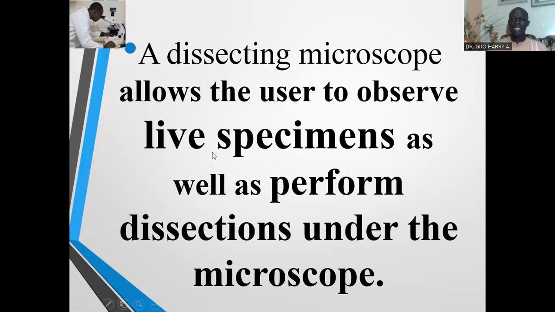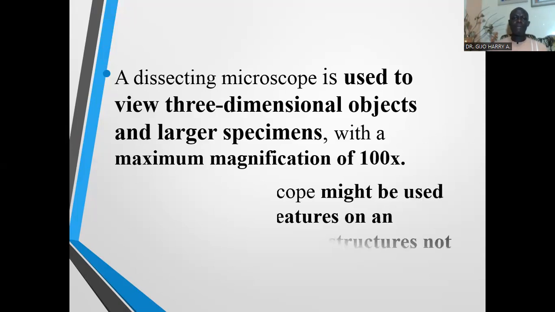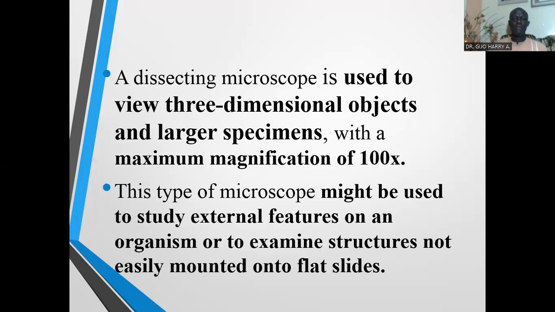It's used to dissect small organisms by viewing through them, and it enables one to see exactly how to go about the dissection clearly. It is used to view three-dimensional objects and larger specimens, with a maximum magnification of ×100.